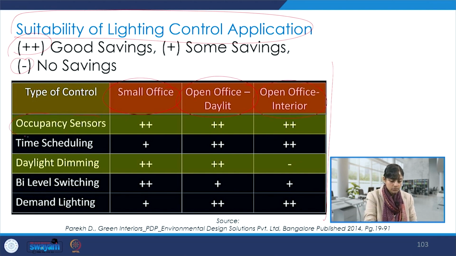Let's talk about occupancy sensors. They would give good savings for all three cases. And if I talk about daylight dimming, it will give good savings for these two cases, but not for this. So we have to strategize, we have to understand, and then we have to implement these measures.